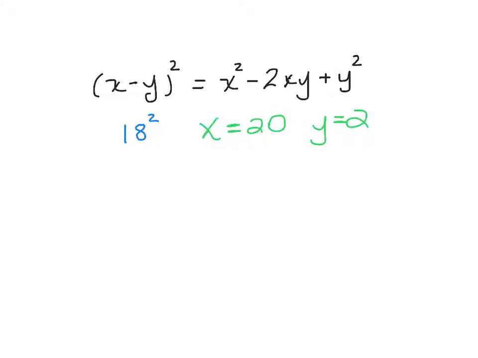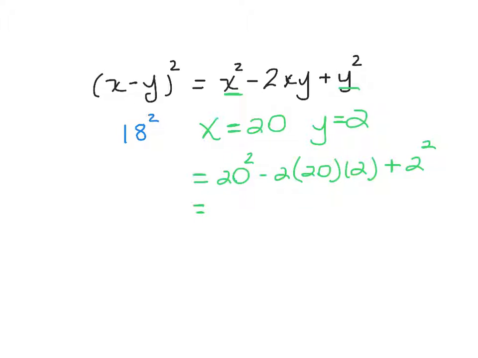So let's just substitute in then. We have x squared, well that will be 20 squared, minus 2 times x, which is 20, times y, which is 2, plus y squared, which is 2 squared.